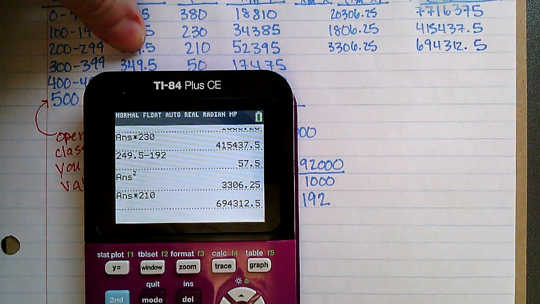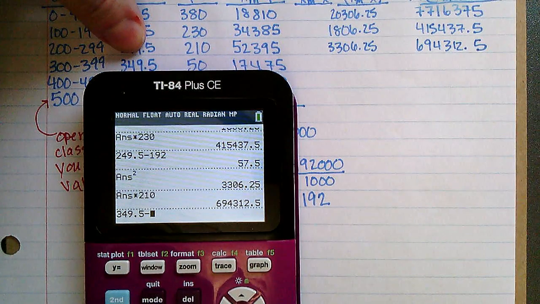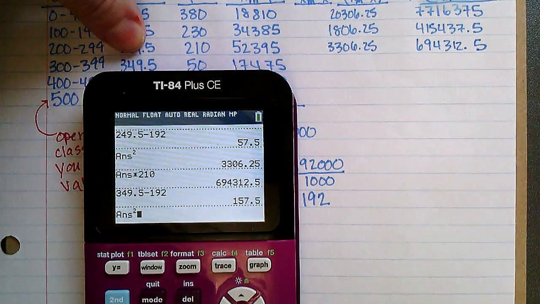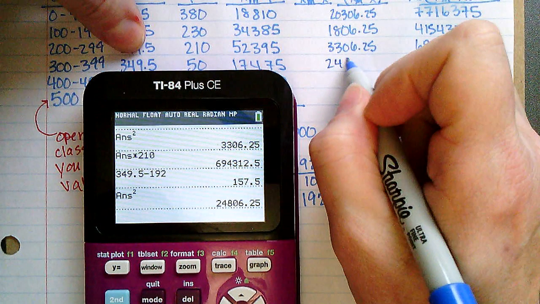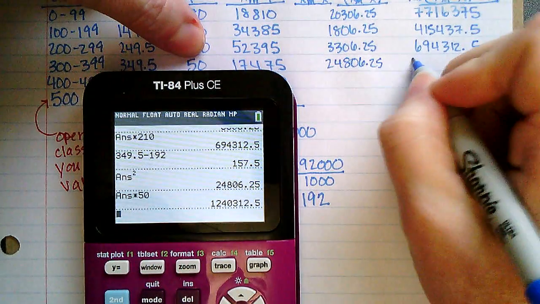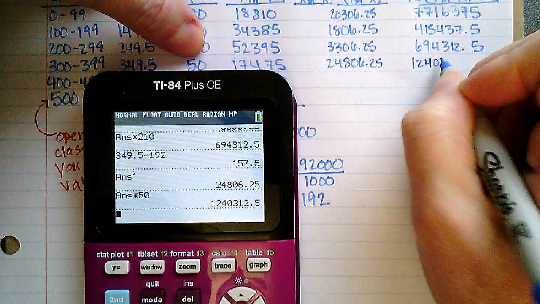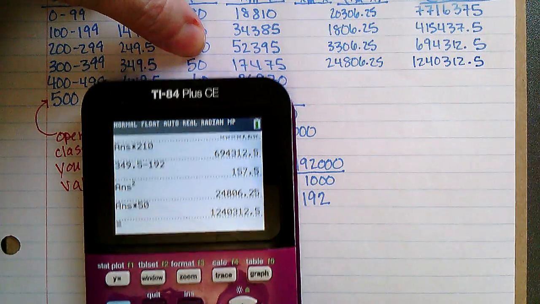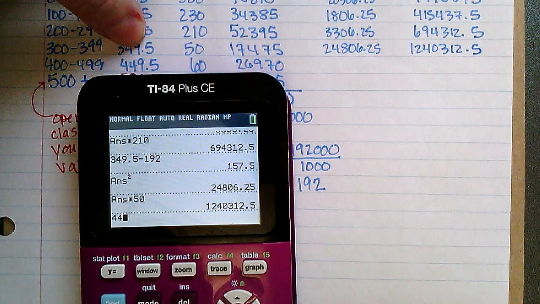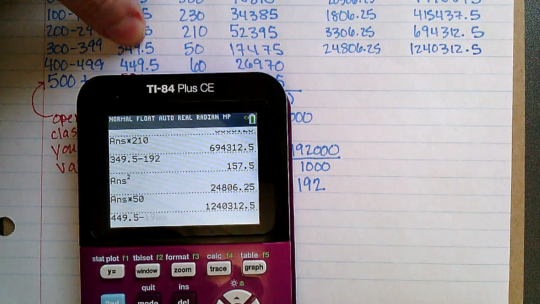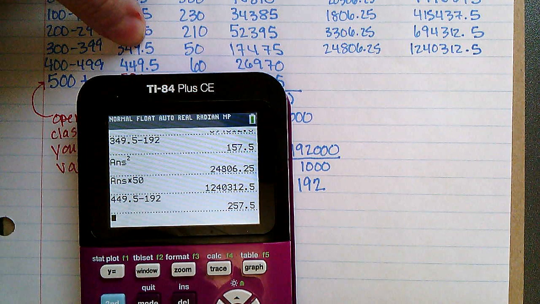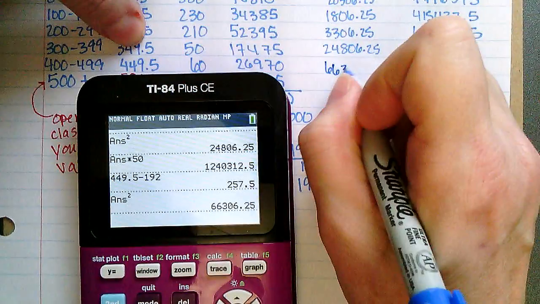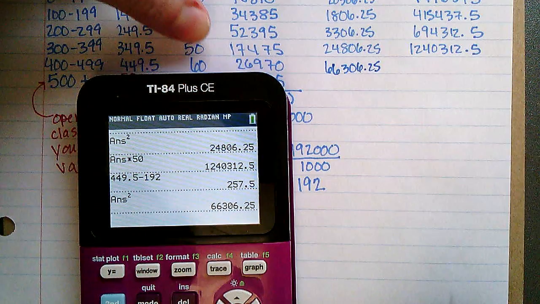Midpoint minus mean squared, times frequency. Midpoint minus mean, square it, times the frequency.